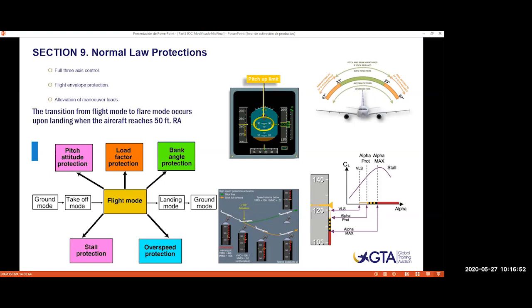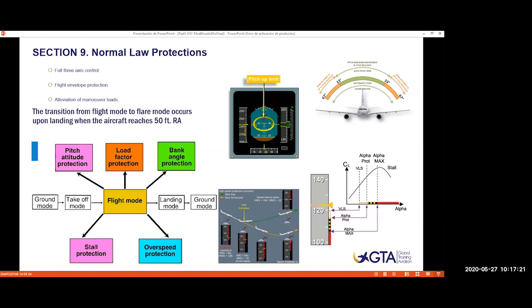In this graph, when we move the side stick up and down, pitch up, pitch down, we cannot overpass specific limits. We cannot pitch down more than 15, and pitch up no more than 20 or 30, depending on the configuration of the aircraft. So there are limits for this pitch when we are in normal law.